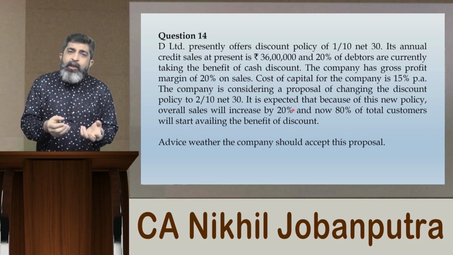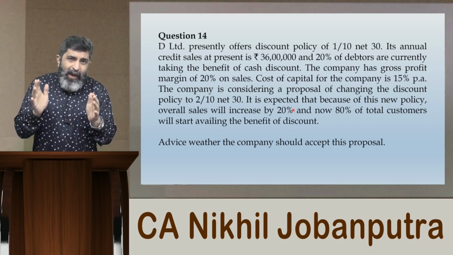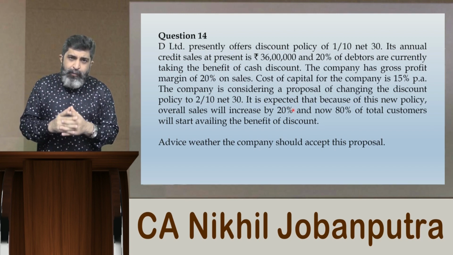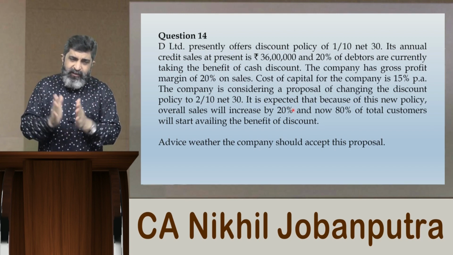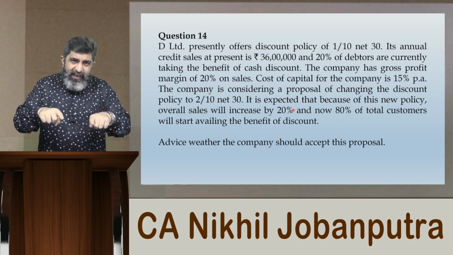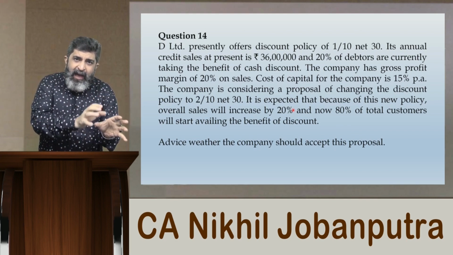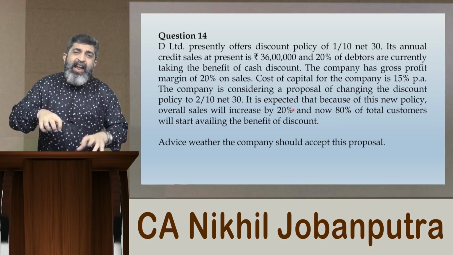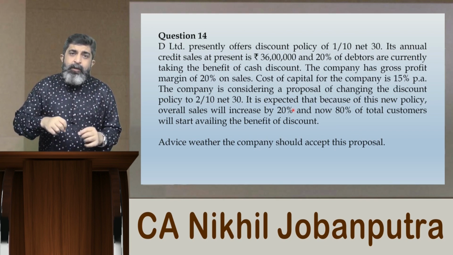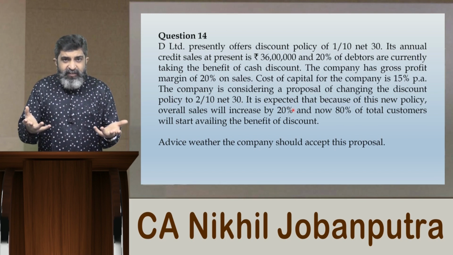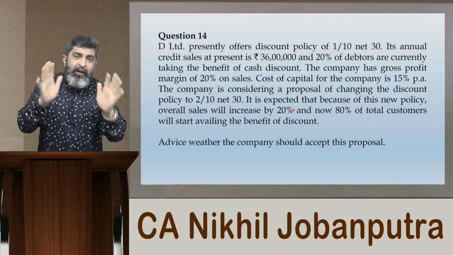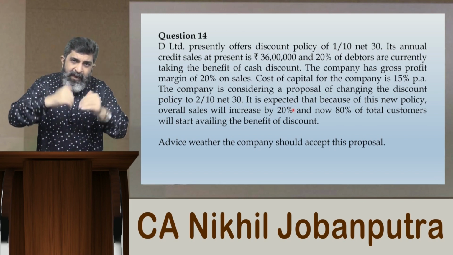Then there will be cost of funds blocked. Now, while computing cost of funds blocked, what you need to really consider is, presently out of all your sales, 20% people are paying within 10 days and getting the benefit of the discount. But under the new policy, it is expected that 80% people will be taking benefit of that discount.